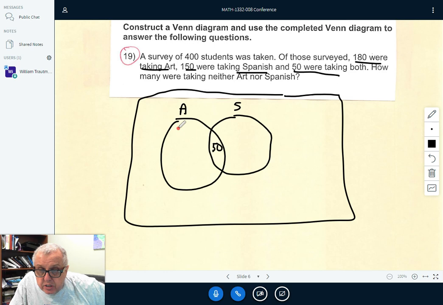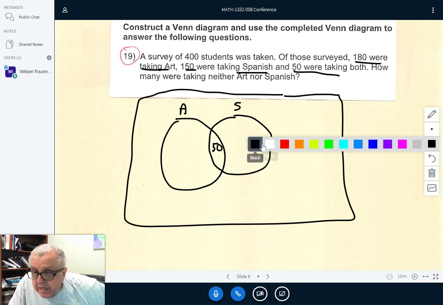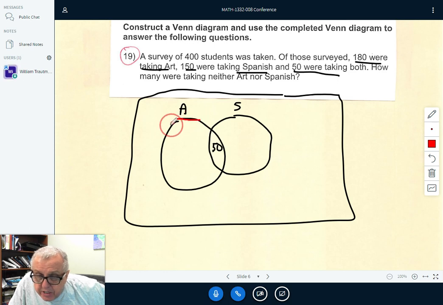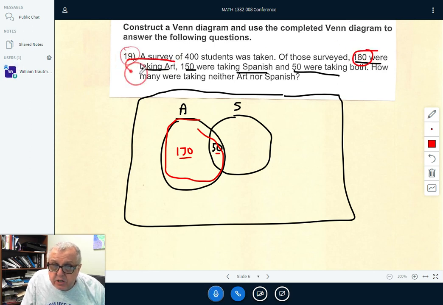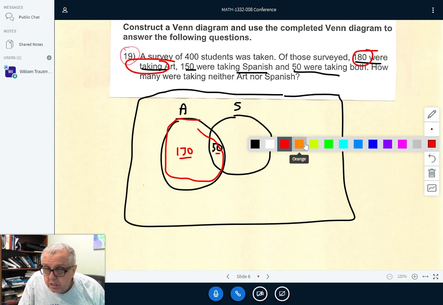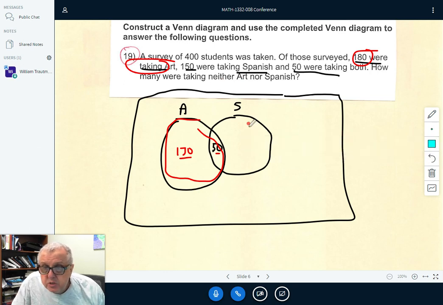180 were taking art. So if art should add up to 180, then 180 minus 50, which is 130, equals just the A part. Do you see this and this have to add up to 180? 180 is art. Now, Spanish is 150.